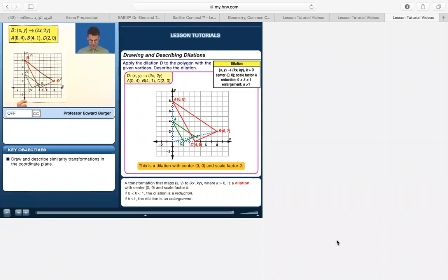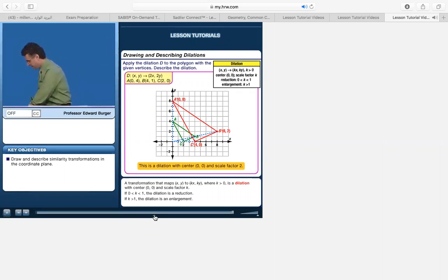It became bigger. K is 2. Look here in this rectangle. X and Y, the dilation will be (Kx, Ky). So here, x and y will be (2x, 2y). So K is equal to 2. Isn't that neat? It's kind of cool.